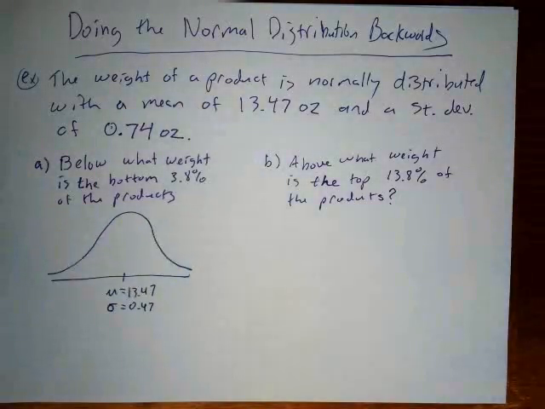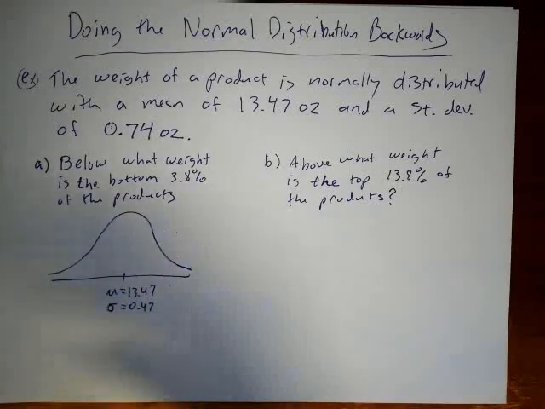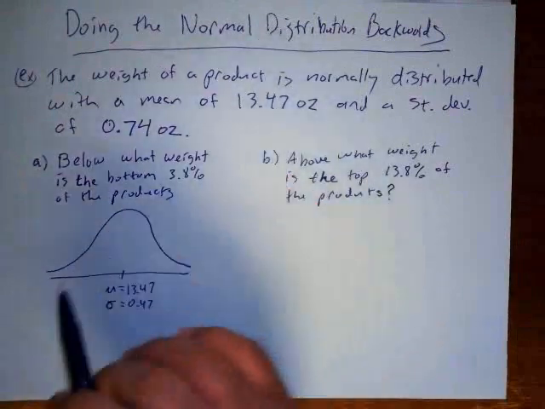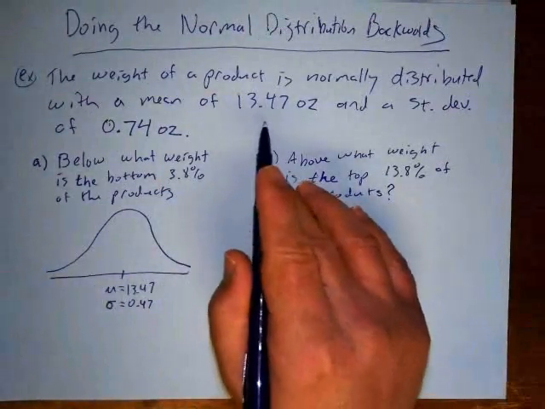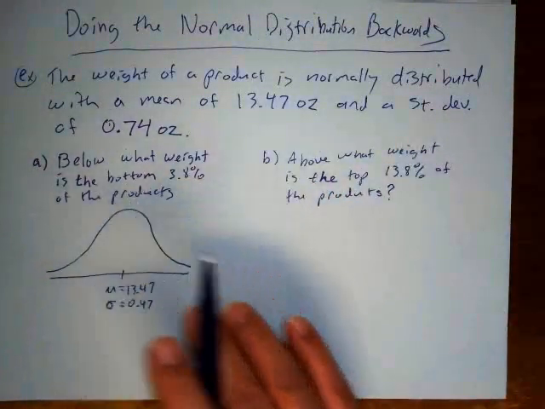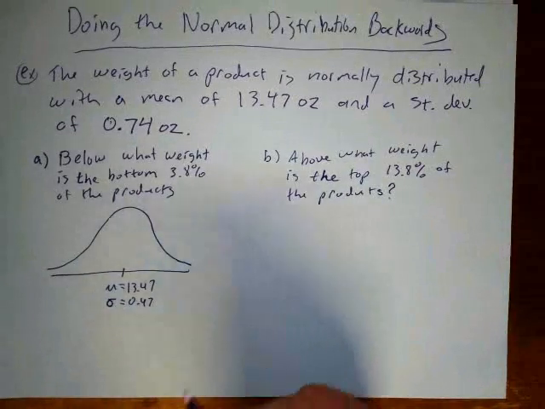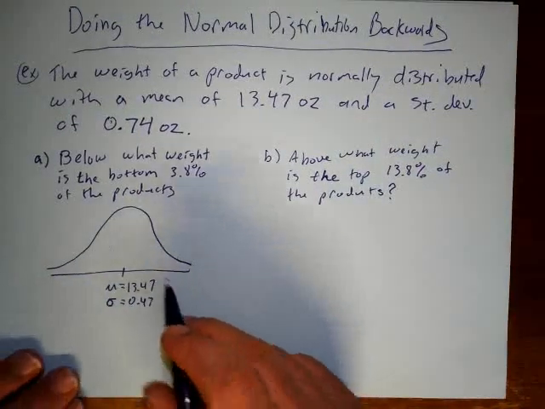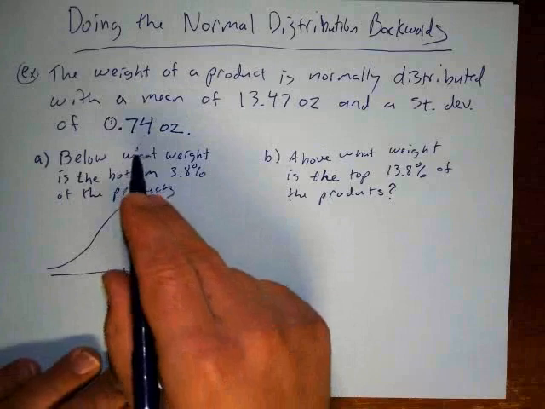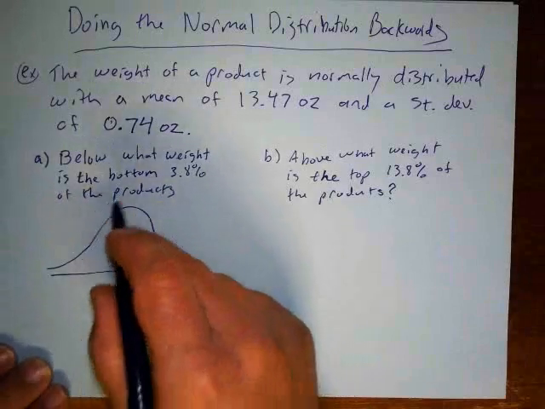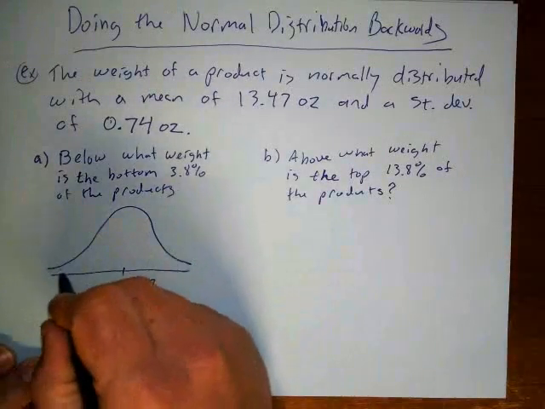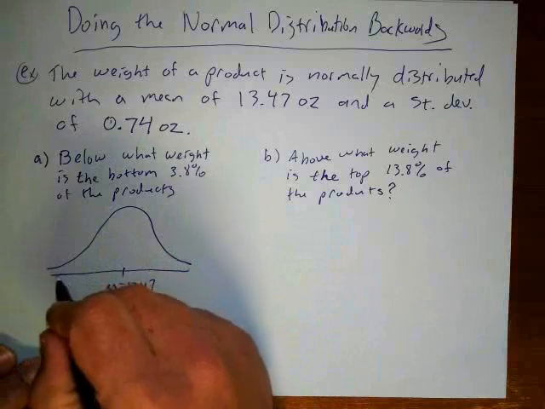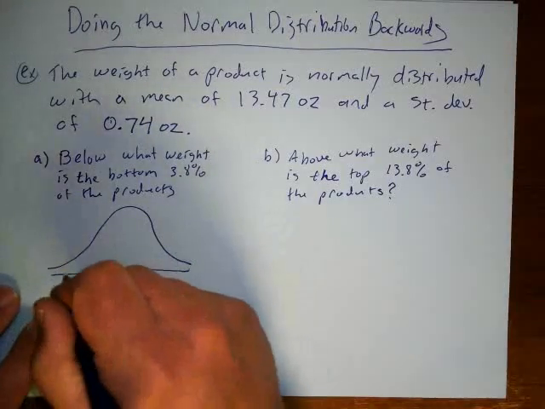These are like products made by a company, maybe they're bags of chips or whatever, and the bags kind of vary a little bit, and they have a normal distribution with a mean of 13.47 and a standard deviation of 0.47. Okay, so the bottom 3.8% would be these bags over here that are the lightest bags.